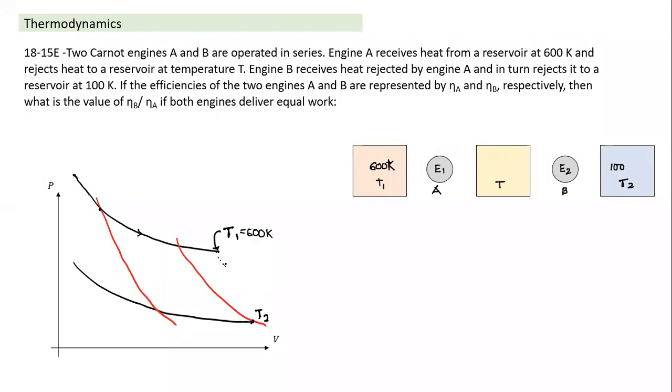What will happen if we shift the whole curve here? The compression ratio will change. So what is the gap between the two adiabatic processes, and what is the area enclosed? The area enclosed may vary depending on the expansion ratio, and the expansion ratio is actually driven by the compression ratio.